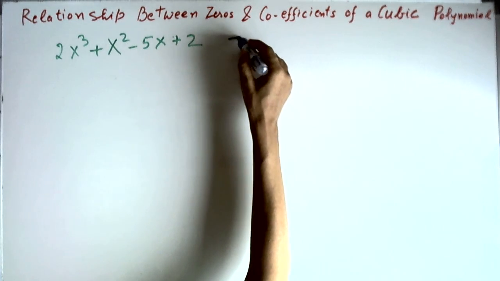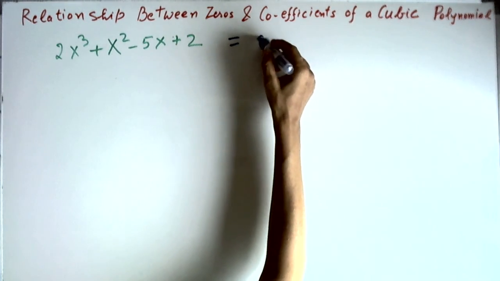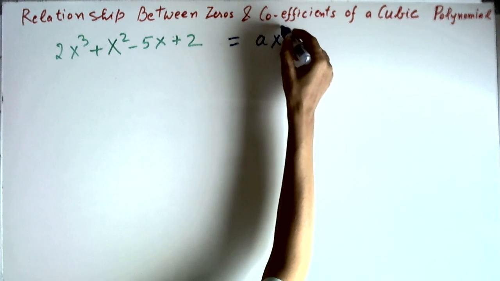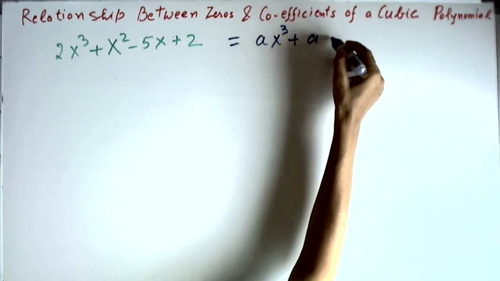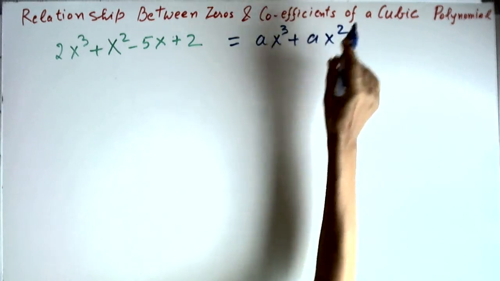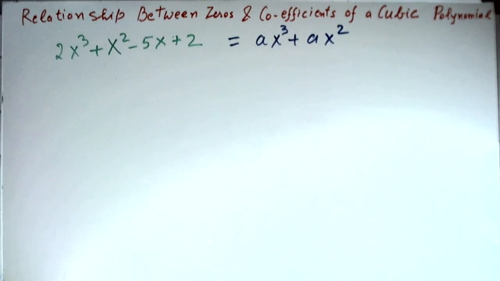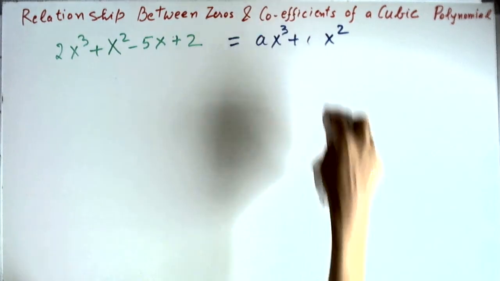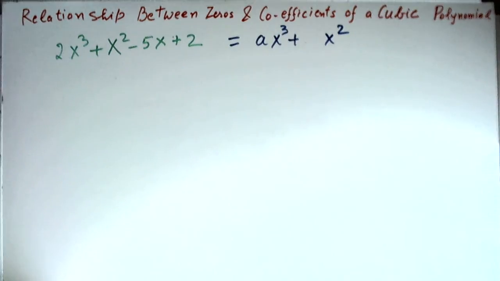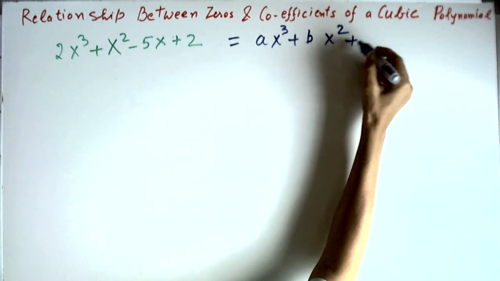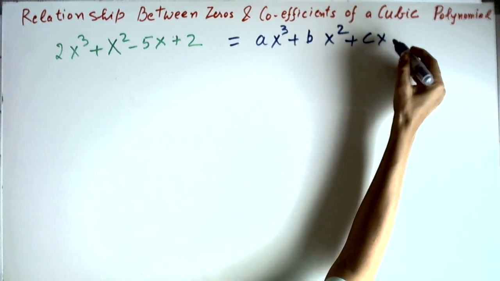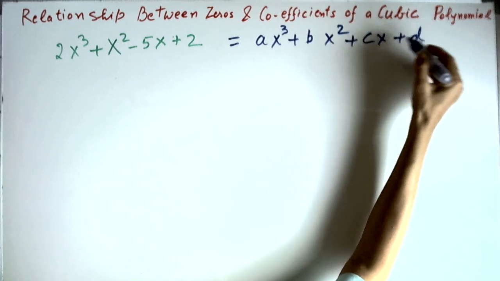First let us determine the coefficients of this, and then let us write a general cubic polynomial: ax cube plus bx square plus cx plus d.